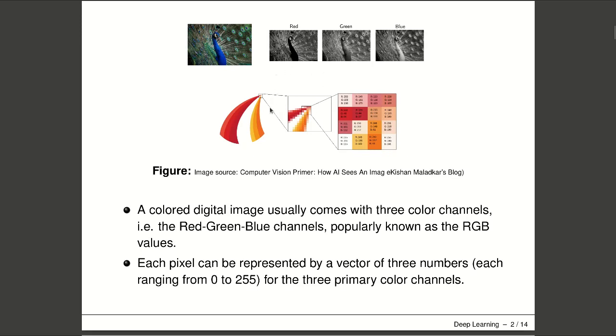For example, look at this light pink image. We have three different values for each channel. For red, we have 252, for green 233, and blue is 230. Therefore, by combining these three values, we get the light pink.